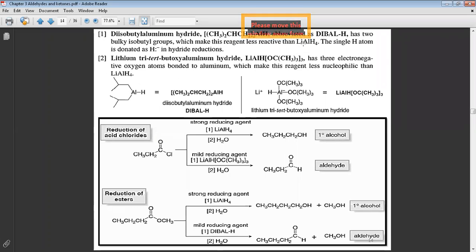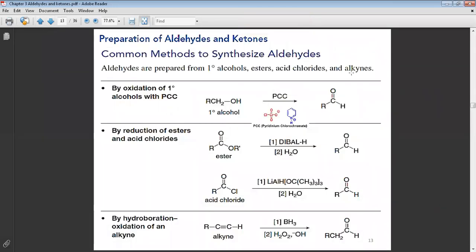If you use lithium aluminum hydride, maybe it won't give you the aldehyde. It may give you another compound directly, because there will be further reduction.